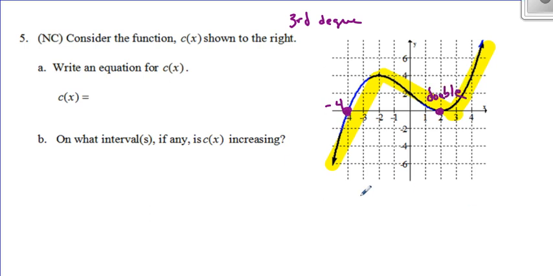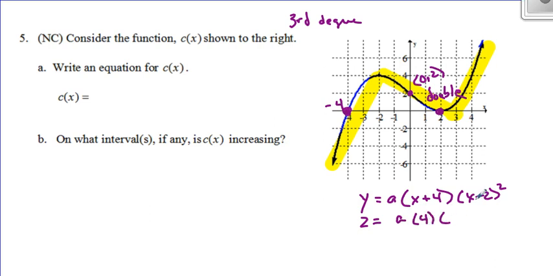So I can start out writing the equation y equals a times (x plus 4) times (x minus 2) squared. And that's how I get that cubic or third degree function. I'm going to plug in another point to find a, and I'm going to pick this point right here, which is (0, 2). So I've got 2 equals a. When I plug in 0, I get 4.